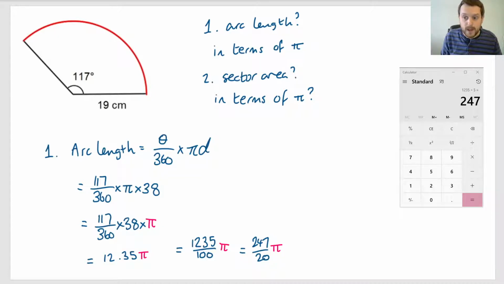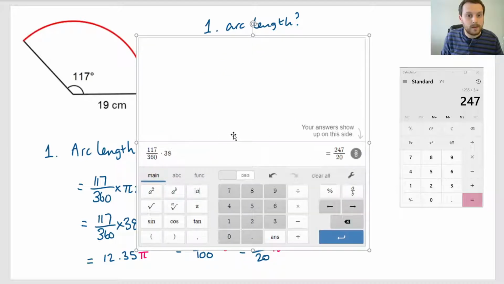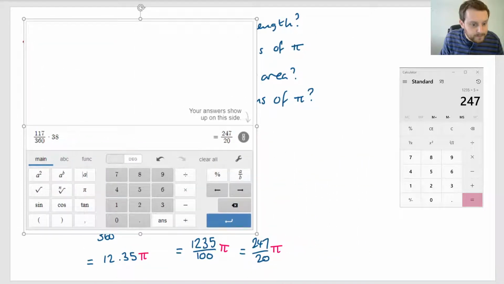Right, great, look. So if you go to this online calculator, this is just a website. It can give you this as a simplified fraction, which actually saves you a bit of time.